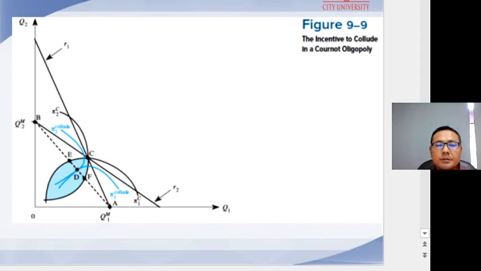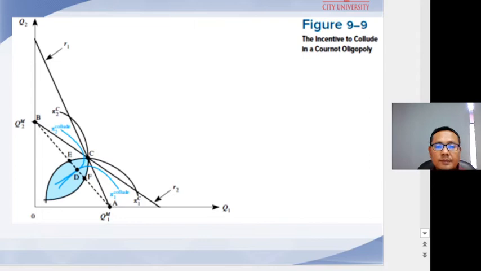Okay. So the output on the line segment containing points E and F in this figure does maximize total industry profit. And since they are inside the shaded area, they also yield both firms higher profit than would be earned if the firm produced at point C, the Cournot equilibrium.